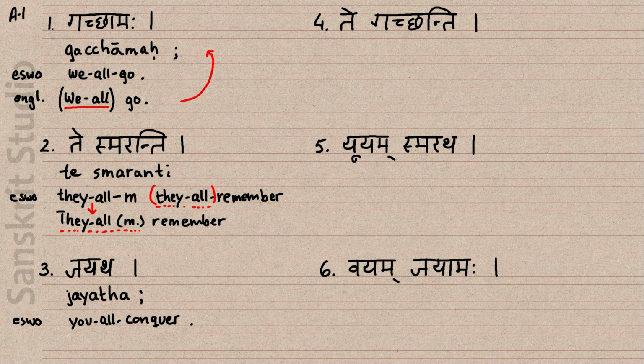And then we write this in English, you all, subject, and the verb conquer, like that. But then we also do the parentheses because we want to indicate that there was no pronoun in the Sanskrit.